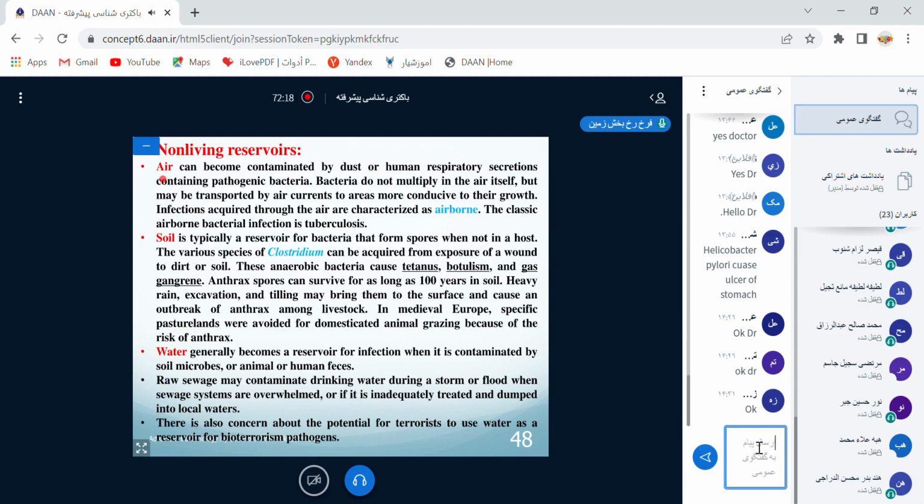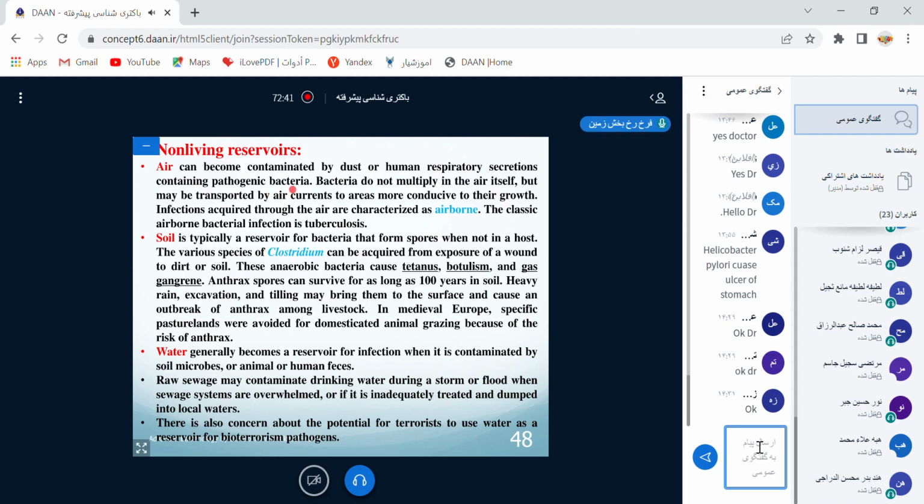Sometimes bacteria are present in the air and can be transferred to a sensitive human host. Air can become contaminated by dust or human respiratory secretions containing pathogenic bacteria.